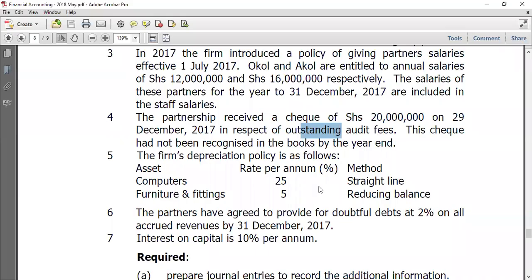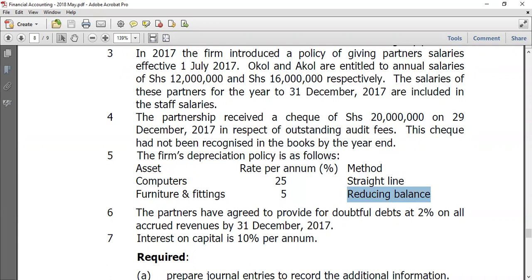Okay, so we have a scenario here. I think you see, they're saying in our additional information, the firm's depreciation policy is as follows. Computers is at 20% straight line, and furniture and fittings is at 5% reducing balance.